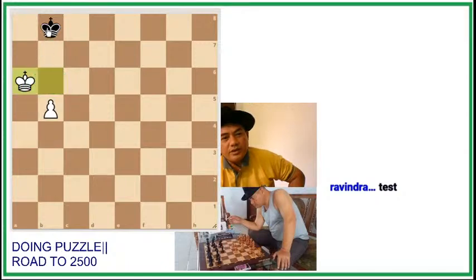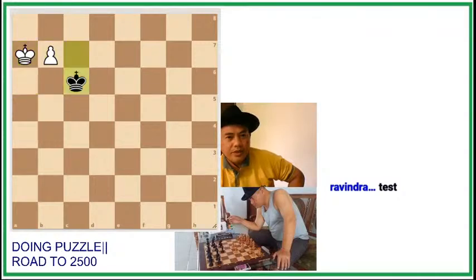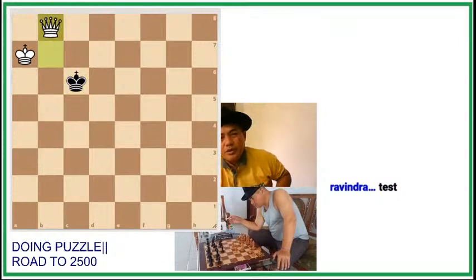That is the difference from when the pawn is on the fourth rank. In this position, even if black is doing the opposition, white will win because black will get the key square and then promote this pawn to queen.